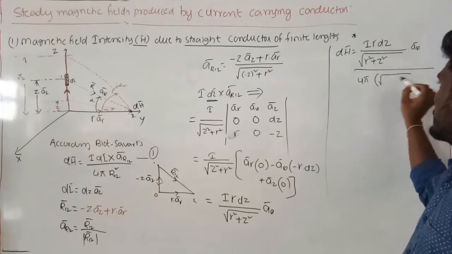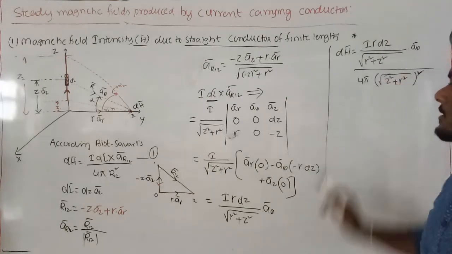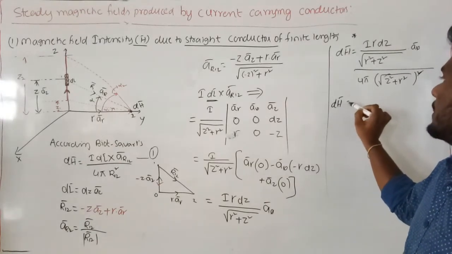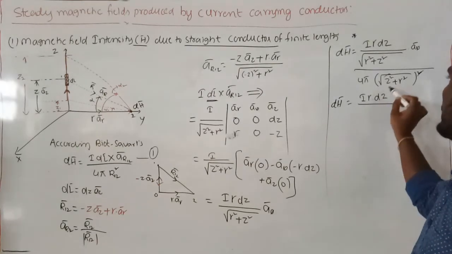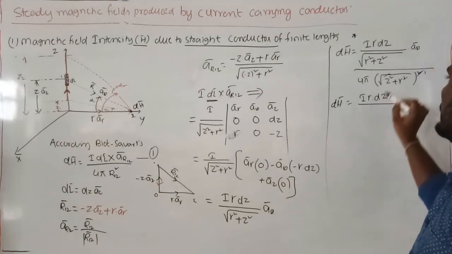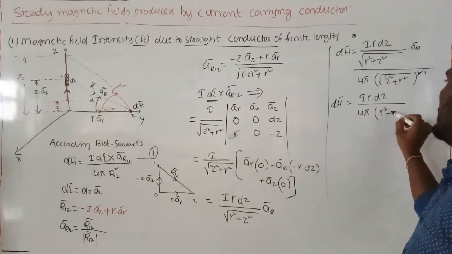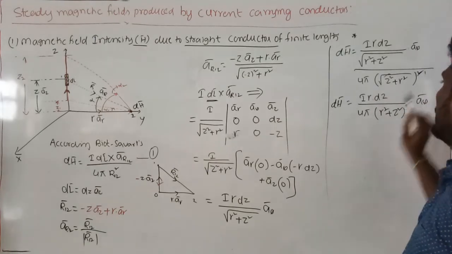What is the magnitude of r1 square? It is z square plus r square, whole square. Square gets cancelled here. So dh bar is equal to I r times dz by, since there is a numerator 1 here and it is 1 by 2, finally we get 4 pi times r square plus z square whole power 3 by 2 a phi bar.